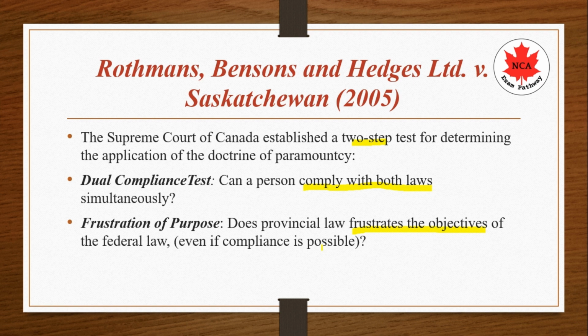But in case the provincial law frustrates the purpose of the federal law, then the doctrine of paramountcy will apply and the federal law will prevail, rendering the provincial law inoperative.